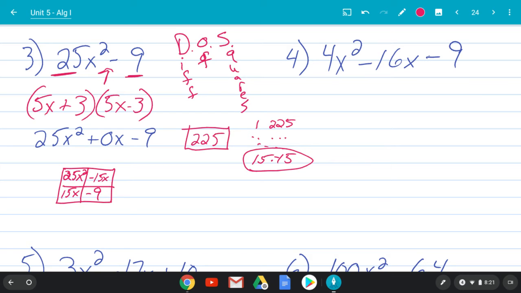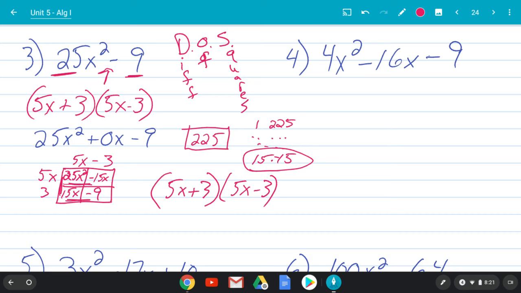Now factor out. It's the largest number it comes out going across. 5x, 3, up and down, 5x, negative 3. Hey, so my solution is 5x plus 3, 5x minus 3.